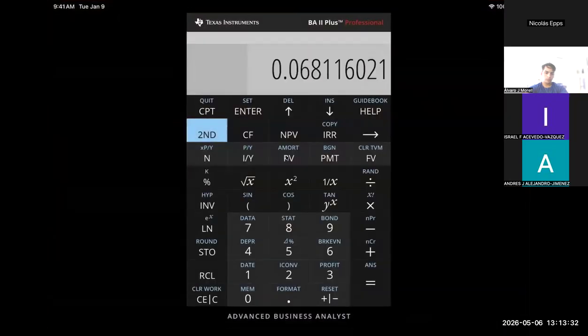So recall 1, plus 1, to the power 2, minus 1, and that is the effective annual rate. But then you want to multiply it by 1 minus TC. So anyway, let's write that down. Let's store 2. So that's going to be the effective annual rate.